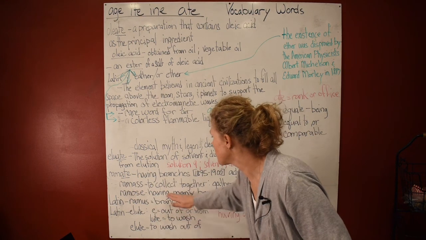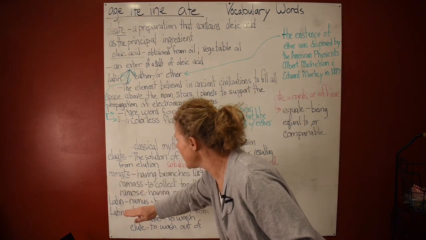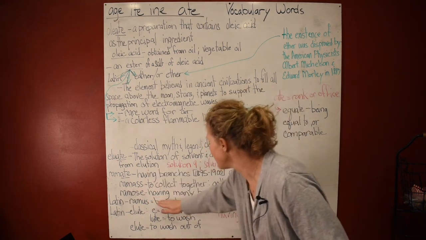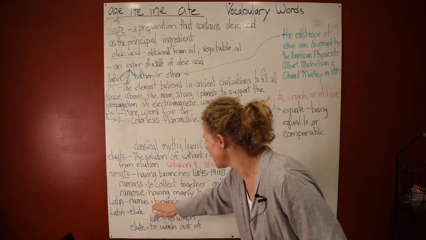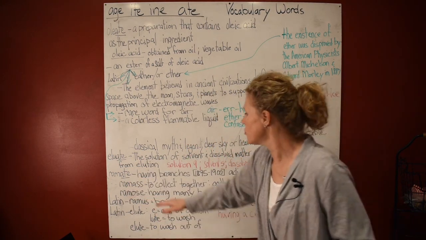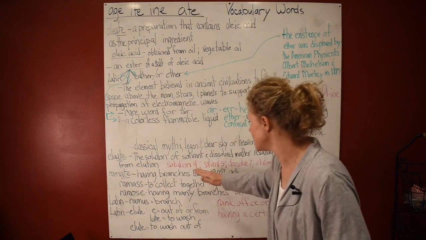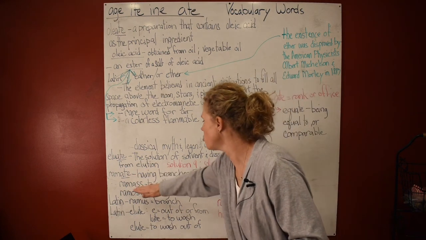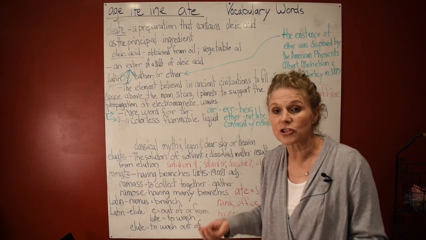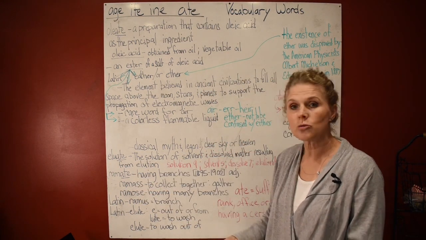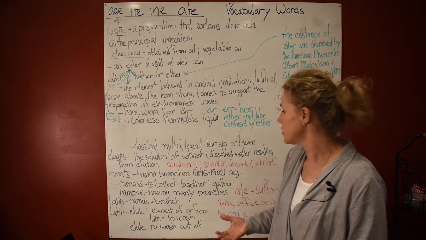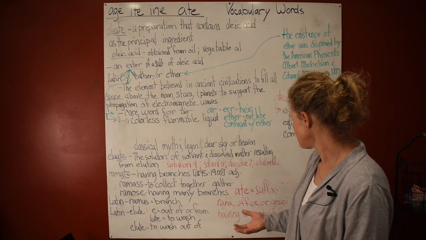Ramus means branch. So if you look at RAM, these words right here have everything to do with a branch. It's going to help you understand these all have something to do with branches, but you need to choose which one I actually need to use, the one I need to understand the most and use properly.